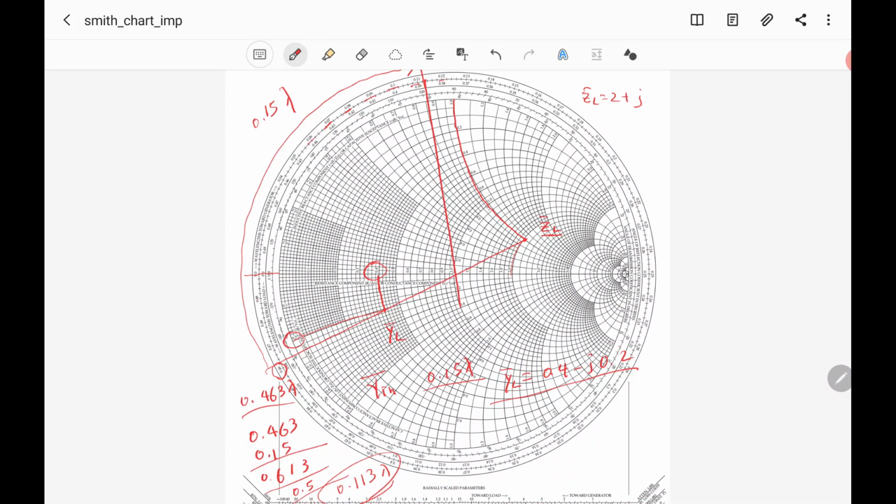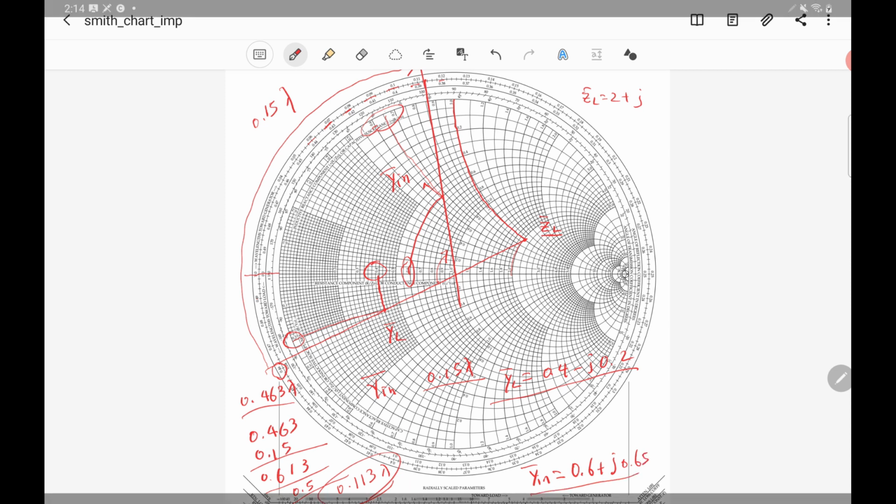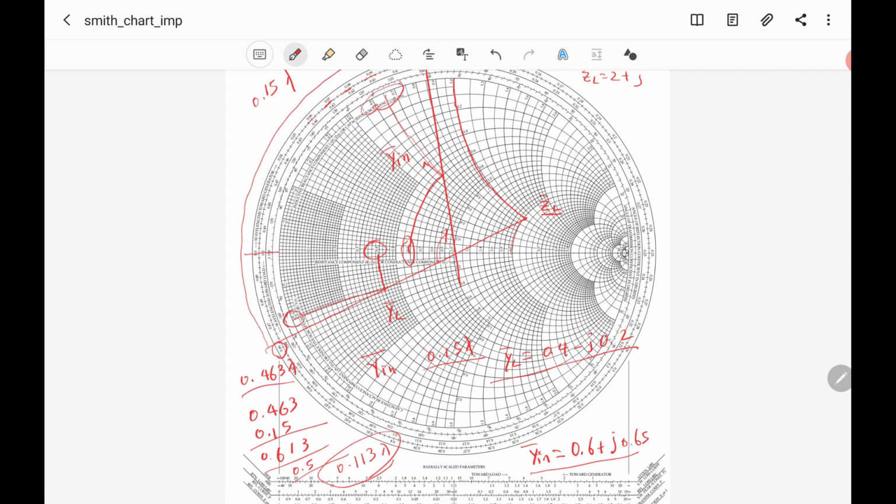So this is Yin, right? We move from here to here. The value we find for Yin is about 0.6, and if you make a circle here, about 0.65, right? So this is 0.6 plus j0.65. This is normalized Yin, right?